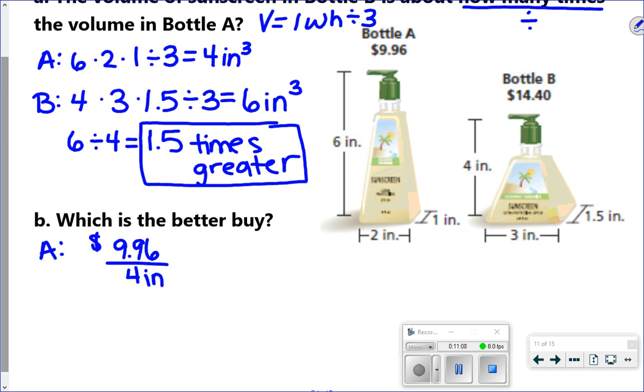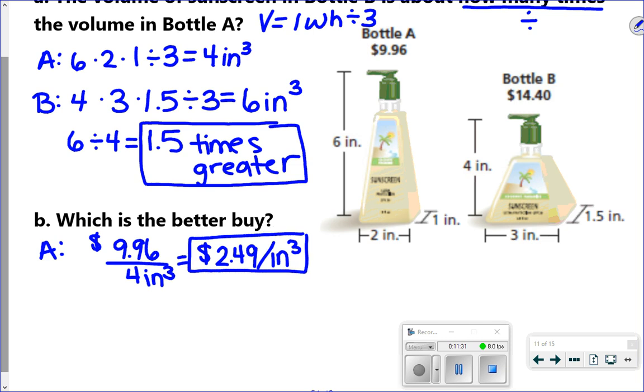Whenever we find unit cost, we take the dollars first and then we divide by whatever our value. When I did my division, I got $2.49 per cubic inch. That's my unit price for A.